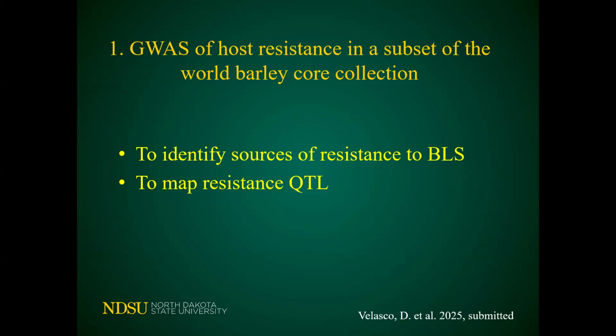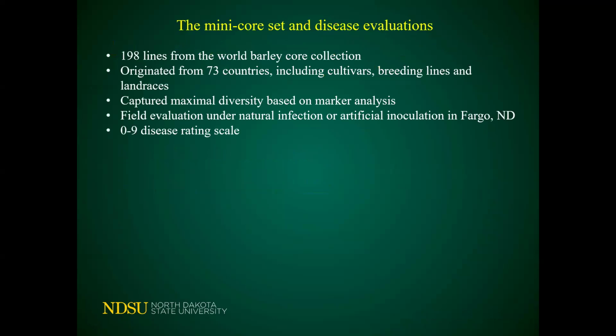The goal is to identify sources of resistance and map resistance QTL using GWAS. This includes 198 lines from the barley collections, originally created by Bob Brookman when he was at NDSU. He gave me a set of lines, and we planted them in the field.